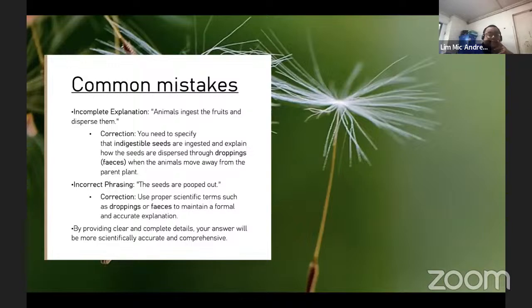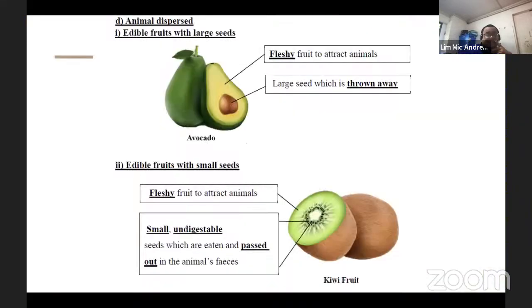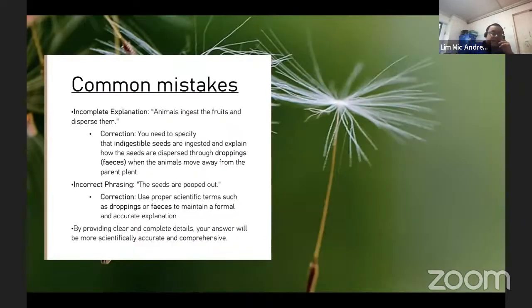Some common mistakes. The previous slide talked about animals helping plants disperse their seeds by eating them and dropping them on the ground, or eating them and passing them out as feces on the ground. But it's wrong to simply say that animals ingest the fruits and disperse them. We have to be specific.